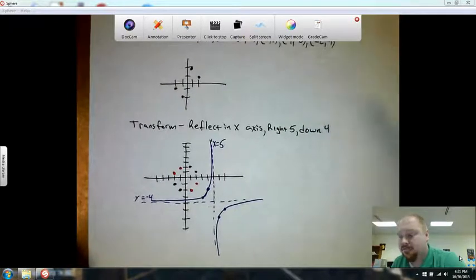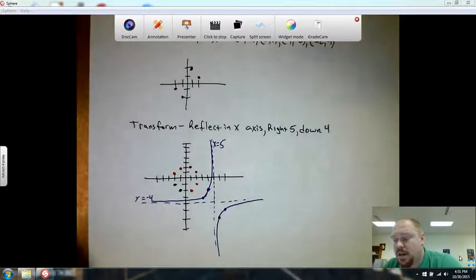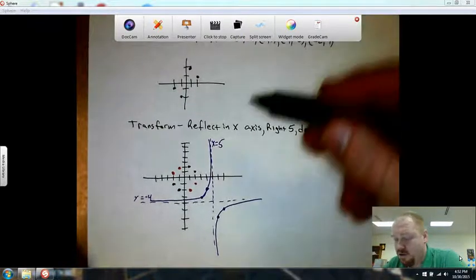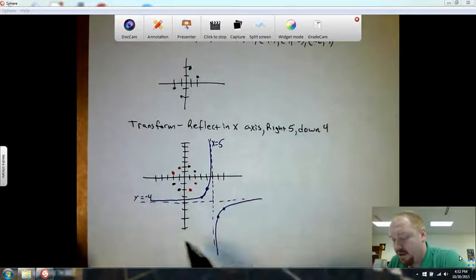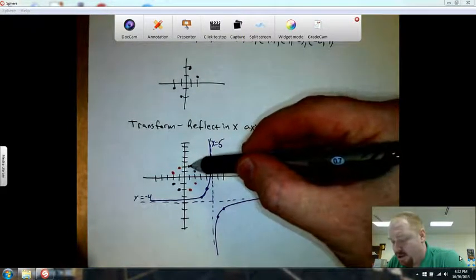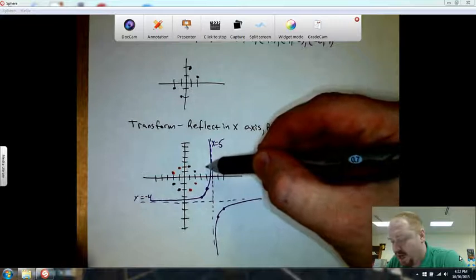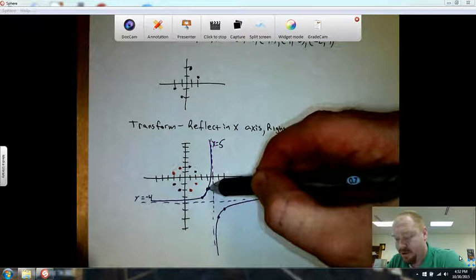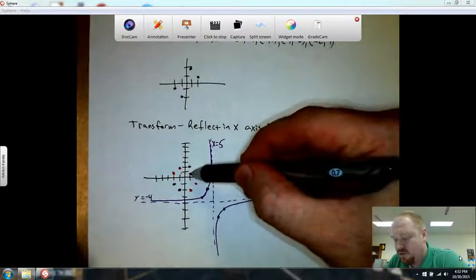Now, looking at my original equation, the x minus 5 tells me I need to shift right 5. And then the minus 4 tells me I need to go down 4. So, from these red points, I went right 5, 1, 2, 3, 4, 5, and down 4, 1, 2, 3, 4.